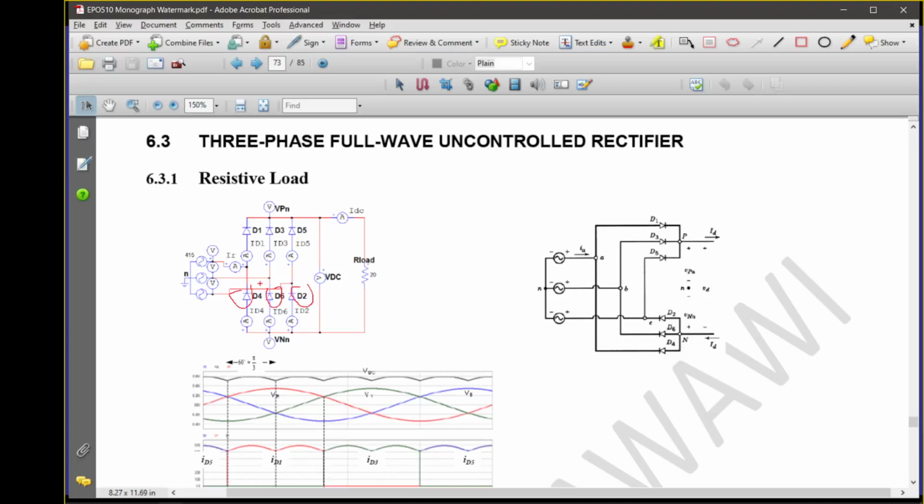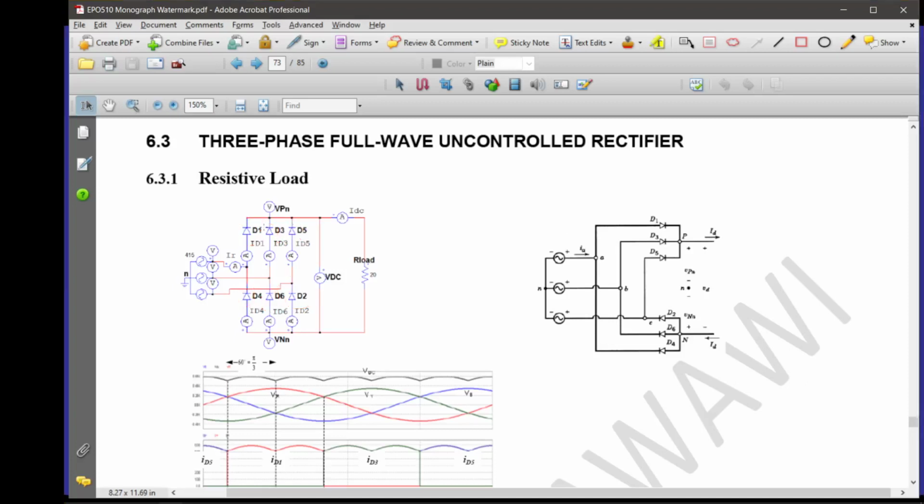You need to correctly label the sequence of the diode, so that when you look at the current commutation in the waveform later on, you will see that the current will flow from D1 and then it will commute to D2, and then it goes to D3, D5, D4, D6.